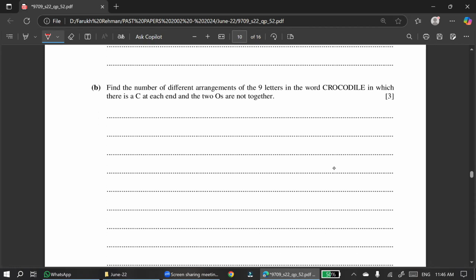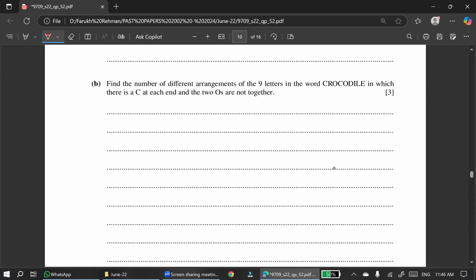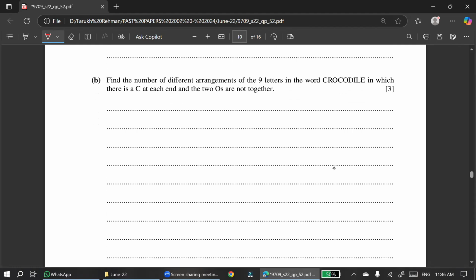Now part B. Find the number of different arrangements of the 9 letters in the word crocodile in which there is a C at each end and the 2 O's are not together.